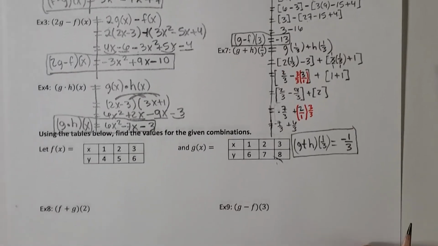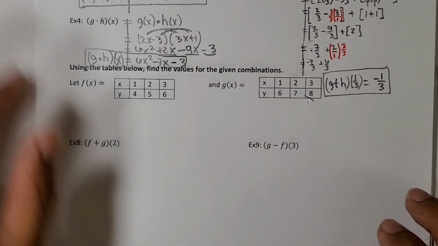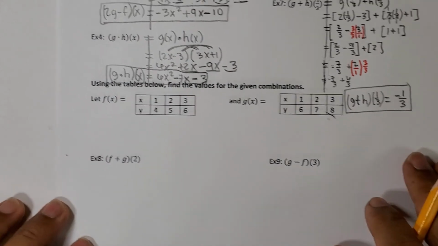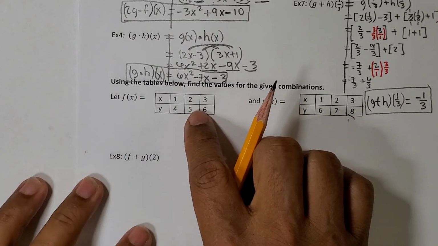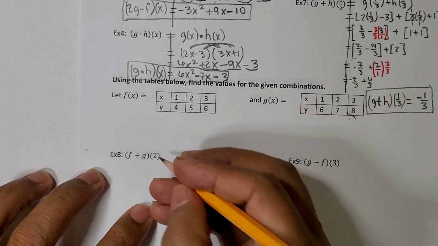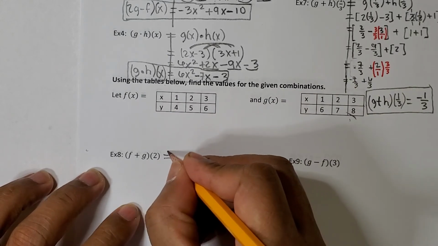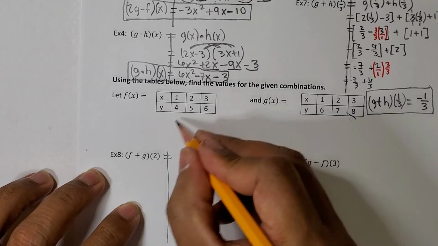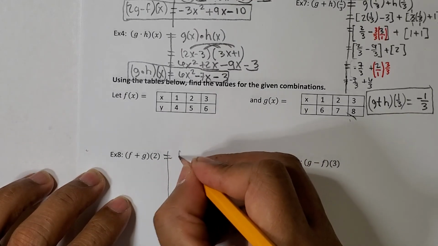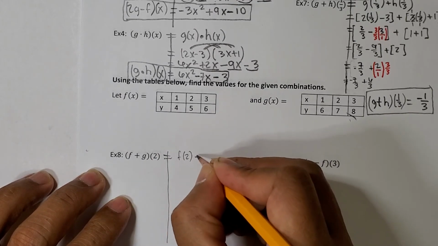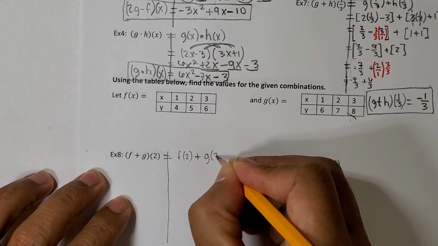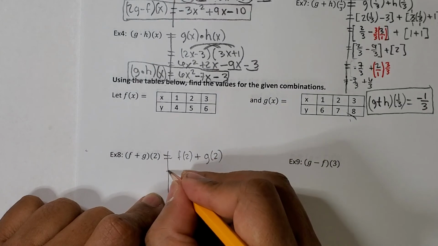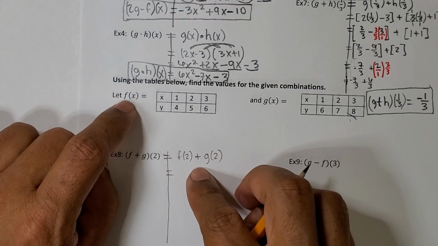Okay, so let's go on to the next and last two examples. Very similar, but instead of variables, now we have a table of values. Okay, so all this is saying is, let's evaluate these two functions and add them together when x is equal to 2. So this will be f of 2 plus g of 2. But now we have a table. So I'm looking at where x is equal to 2 on the table for f of x.